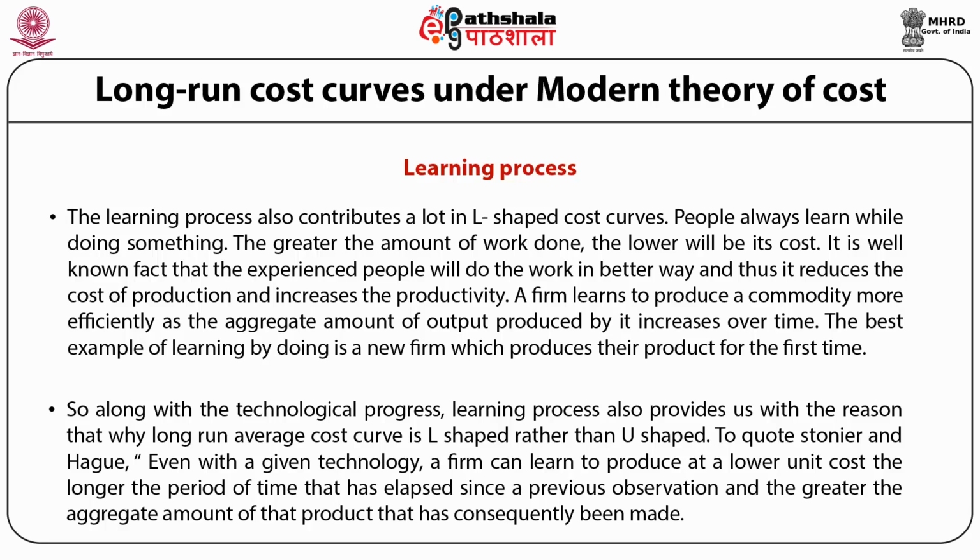To quote Stonier and Haig, even with a given technology, a firm can learn to produce at a lower unit cost the longer the period of time that has elapsed since a previous observation and the greater the aggregate amount of that product that has consequently been made. It may therefore be concluded that technological change is not the only reason why long-run average cost curves are L-shaped rather than U-shaped.